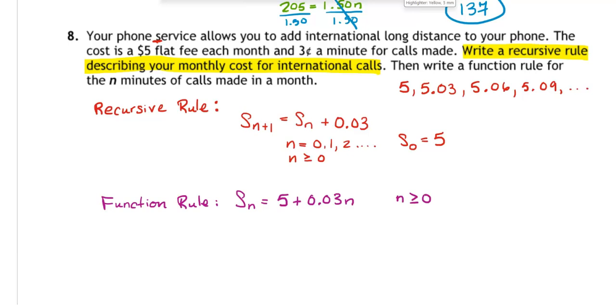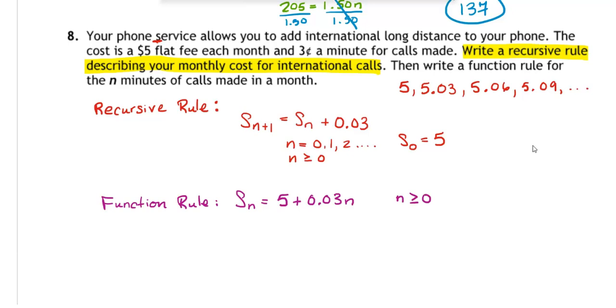So truly, that's the gist of the stuff today. A recursive rule is where you're going to have to write some sort of expression based off of the immediate preceding term to it. Not just the first term, but it needs to be the immediately preceding term.